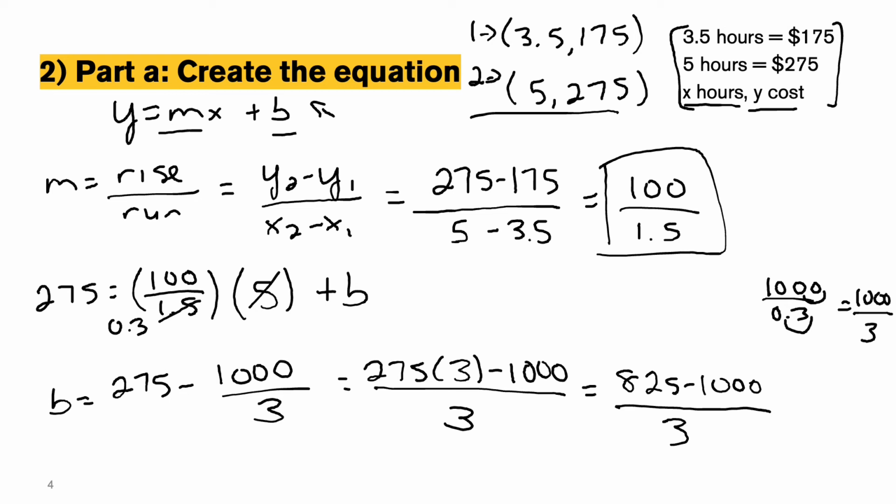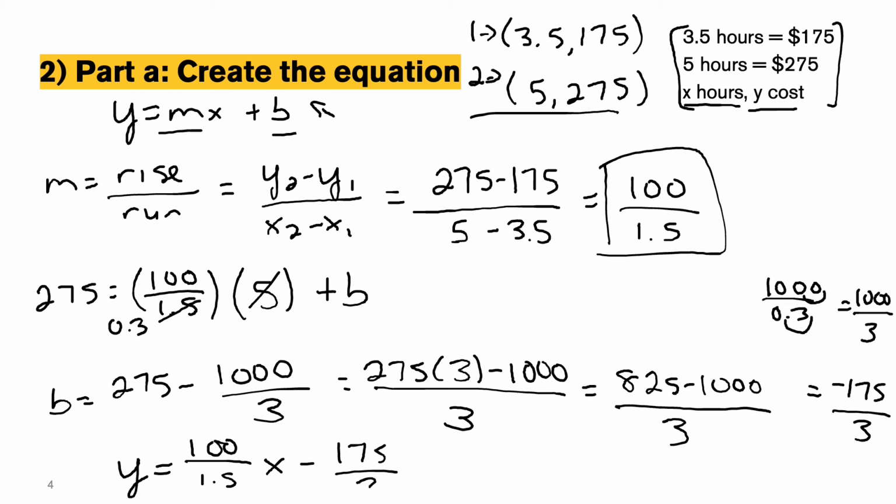And that is going to be equal to negative 175 divided by 3. So then putting that all together in our final equation, we have y is equal to 100 over 1.5 times x minus 175 divided by 3. And that is our equation.